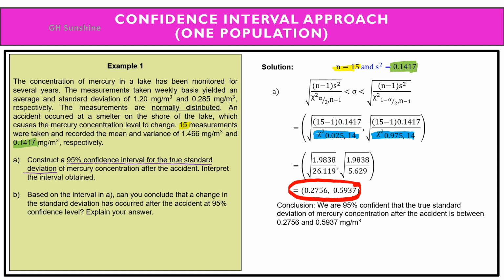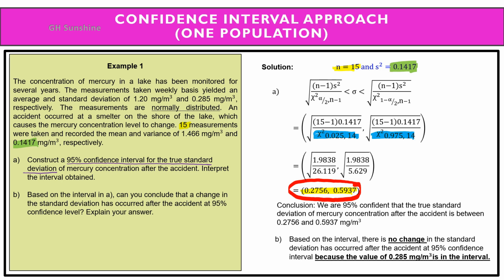Using this value 0.2756 and 0.5937, you can make a conclusion. So what is the conclusion? Based on the interval, there is no change. So here, no change in the standard deviation has occurred after the accident at 95% confidence level.